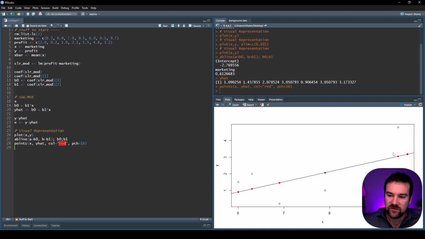They are all points on the line because we're using the line to predict. In this case, this is the point on the line associated with that particular observed value. I used all of my observed x values, so the observed x value from this point, to say what would I have predicted that dot to be. And I would have predicted it to be this value, the red dot on the line here.